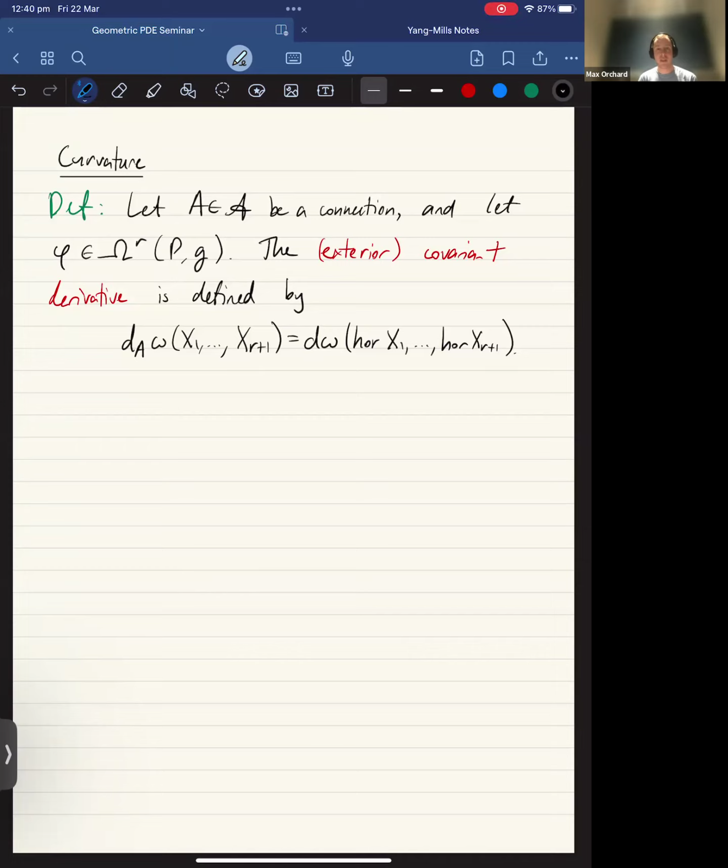If we apply this covariant derivative to the connection form, oops, that should be a phi here. These should be phi's.